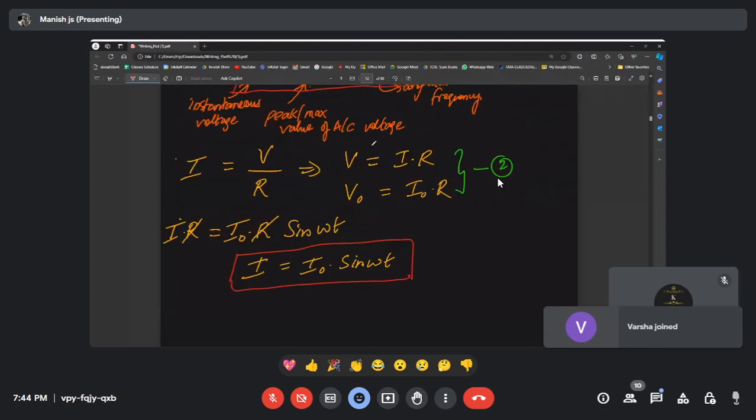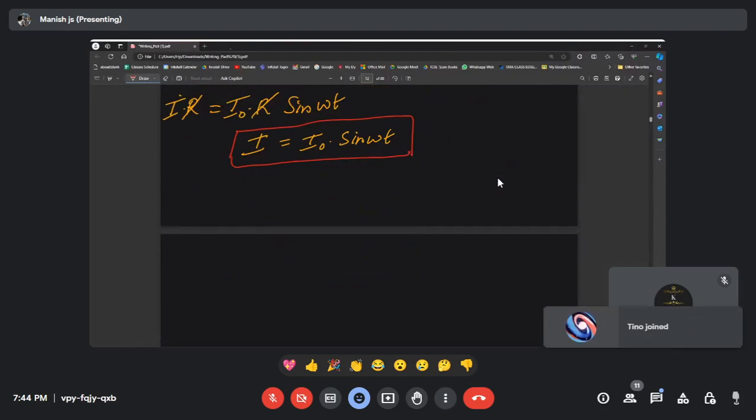Here, in the second expression, I represents the instantaneous value of current.